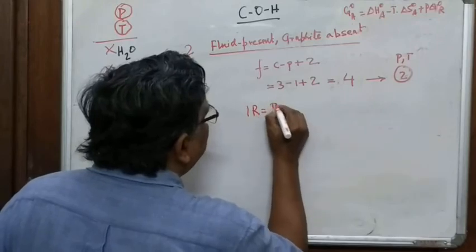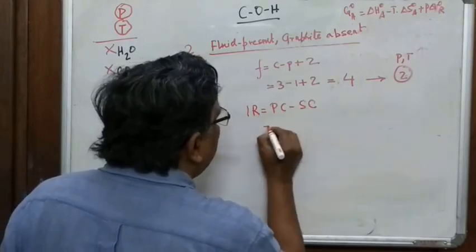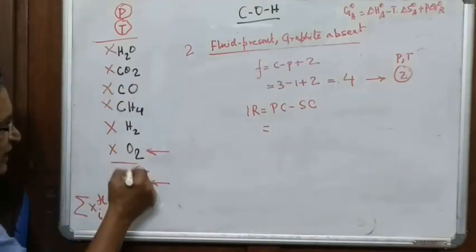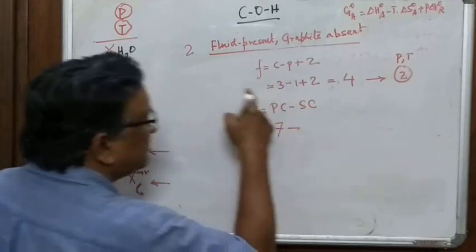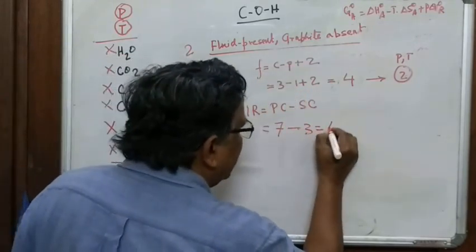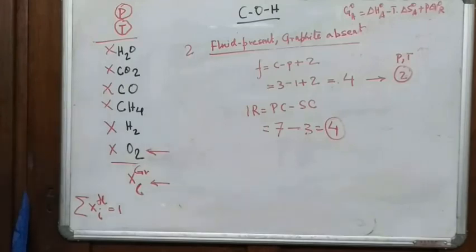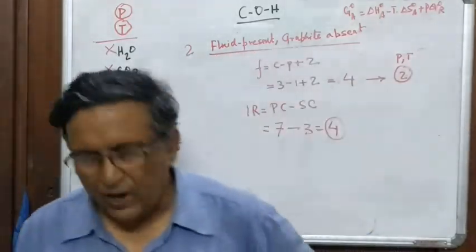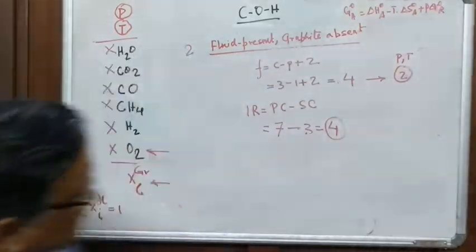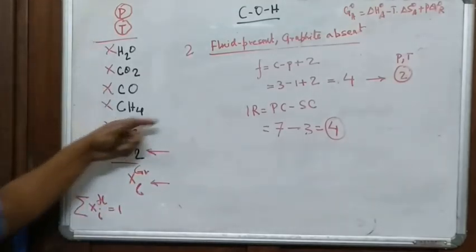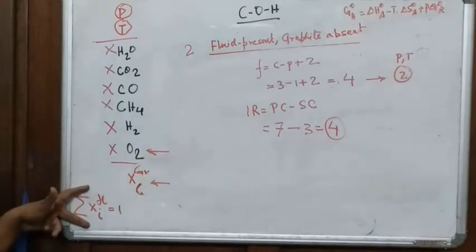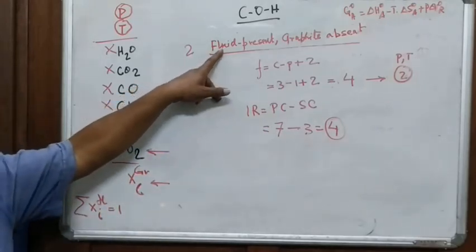Phase components minus system components. Phase components: 1, 2, 3, 4, 5, 6, 7. System components 3. So independent reactions are 4. You have 4 independent reactions and you have the sum equation already in your pocket. So you have 5 variables which can be solved by 4 independent reactions and 1 equation by definition.